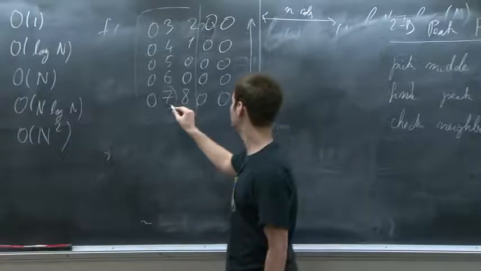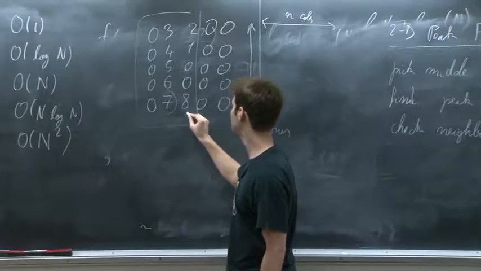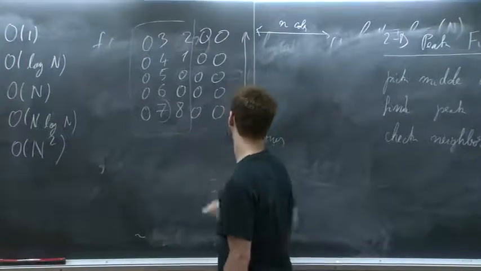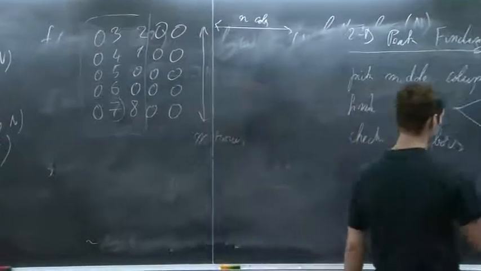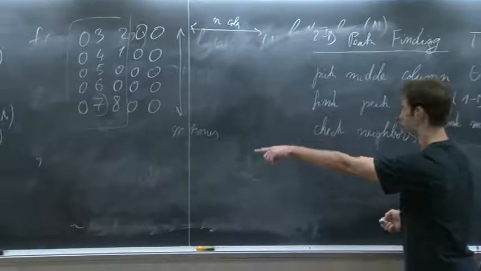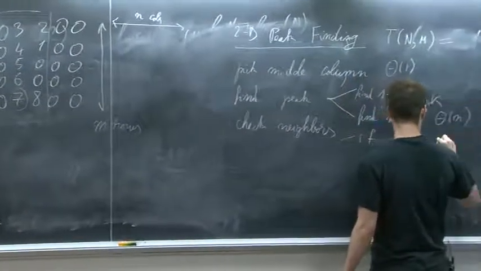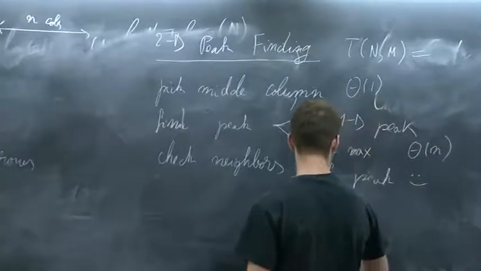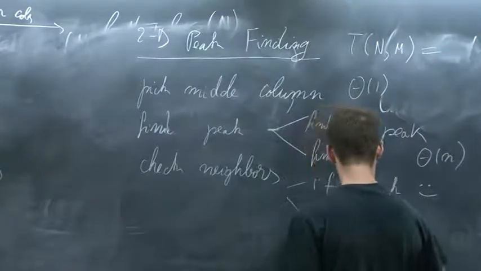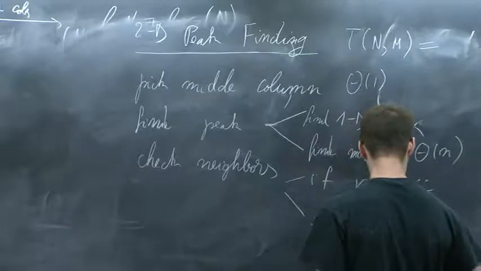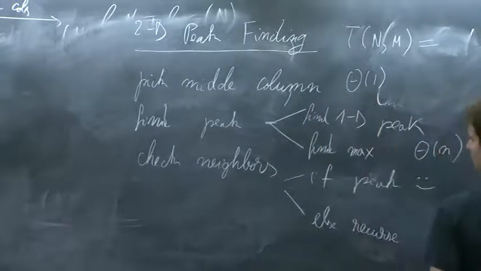Okay, so maximum for my column, and I'm going to go right. So check neighbors, and I have the same 2 conditions there. If it's a peak, then I'm happy. Otherwise, recurse. So what's the running time if I have to recurse?